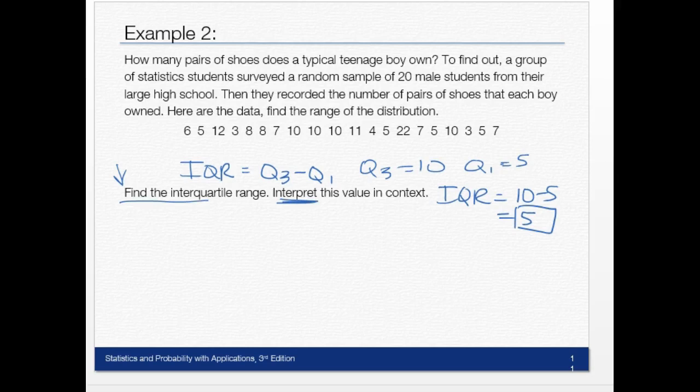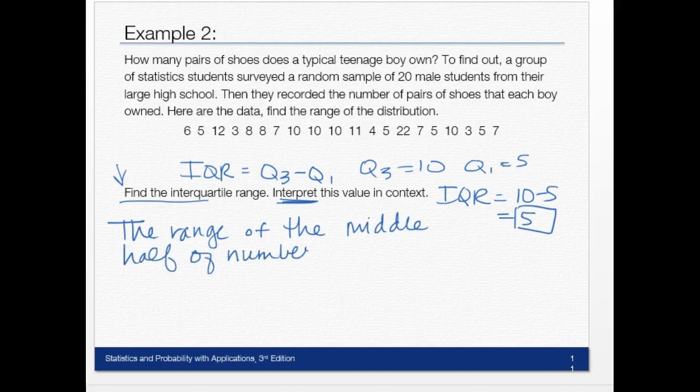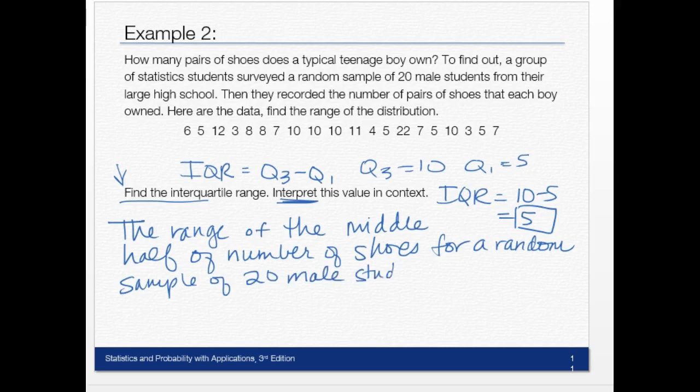To interpret this, here is the wording we would use in this problem. Lots of context, but here we go. We'd say the range of the middle half of number of shoes for a random sample of 20 male students is 5 pairs.